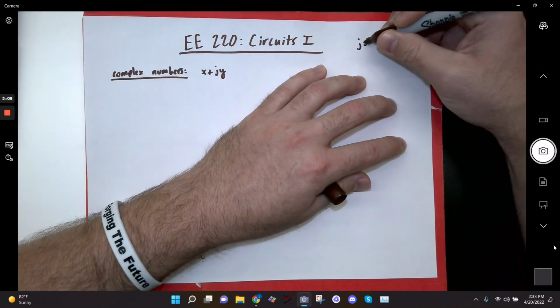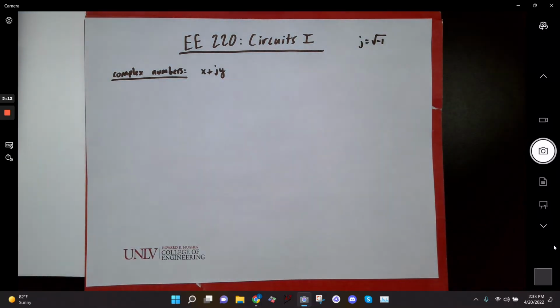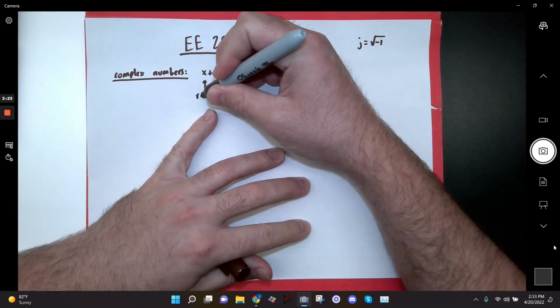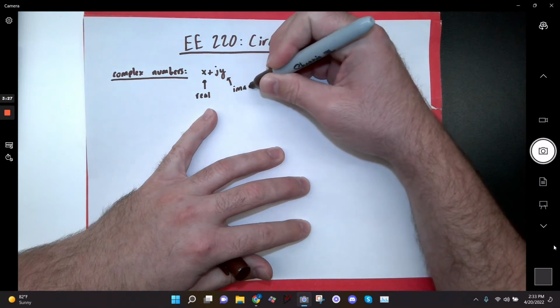j is just the square root of -1, right? That's your i in complex numbers, but we use j in engineering. So complex numbers are written in this form, x plus jy, where x is the real part and y is called the imaginary part.